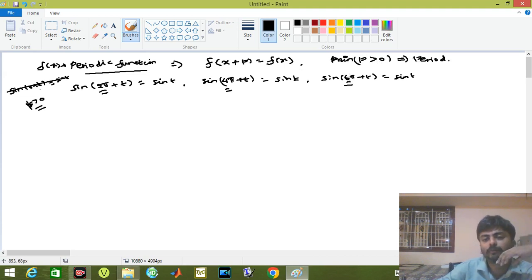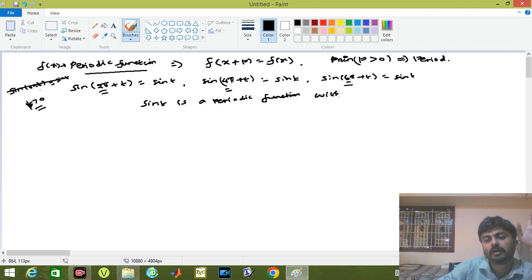So out of 6 pi, 4 pi and 2 pi, the minimum value is 2 pi. Therefore you can say sine t is a periodic function with period 2 pi.